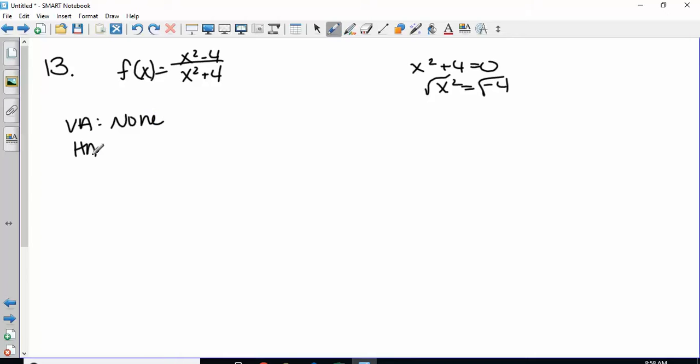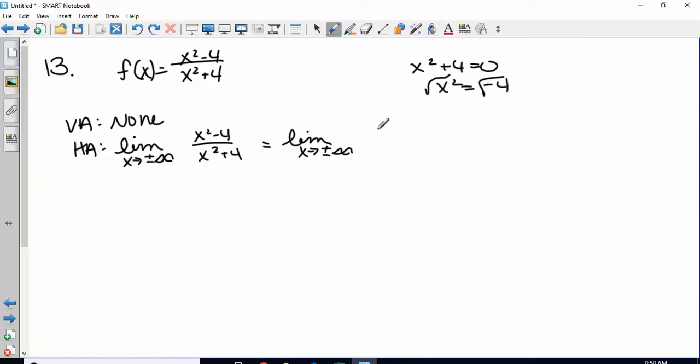Horizontal asymptote, we have to do the limit as x approaches positive and negative infinity of x squared minus 4 over x squared plus 4. If I just plug in right now, I have infinity over infinity, and we can't solve that. But the trick we often used was to divide everything by the highest power of x.